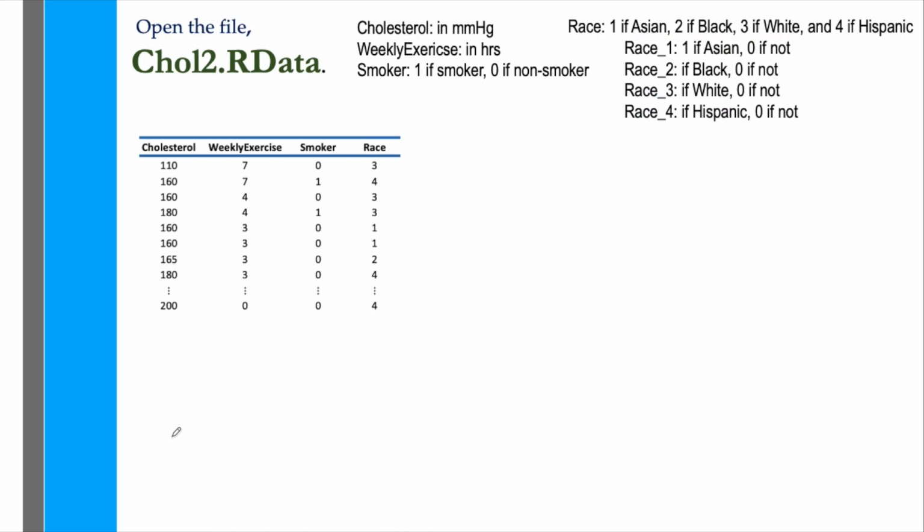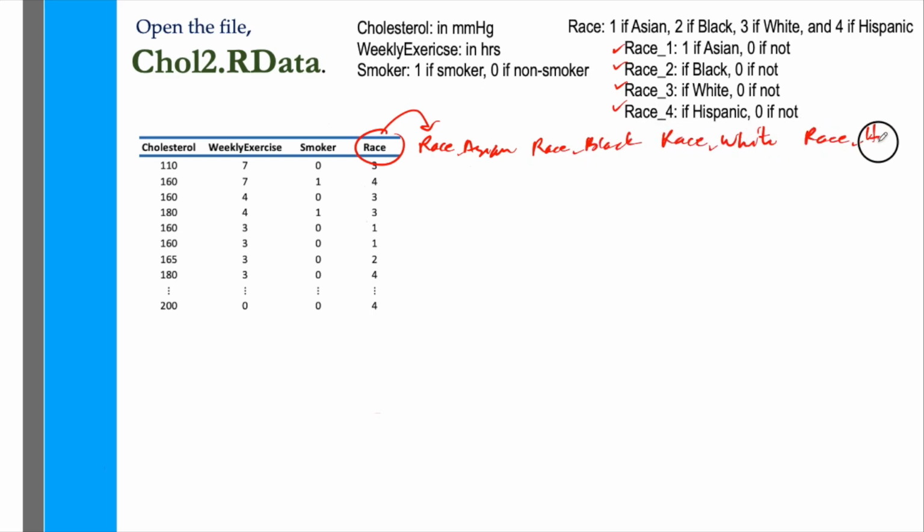In this case, if we have race, we're going to separate each possible response as another column: race if Asian, race if black, race if white, and race if Hispanic.